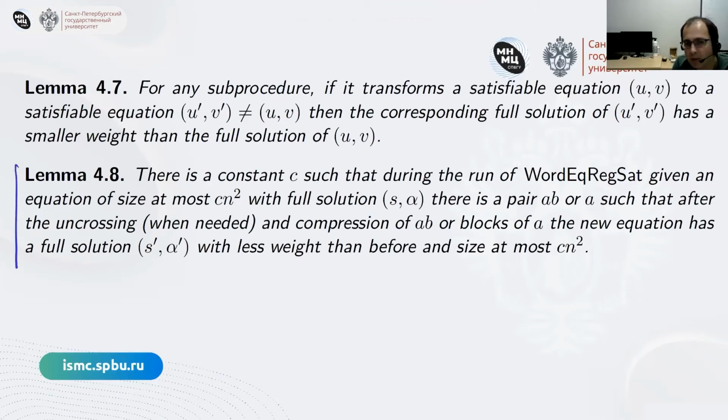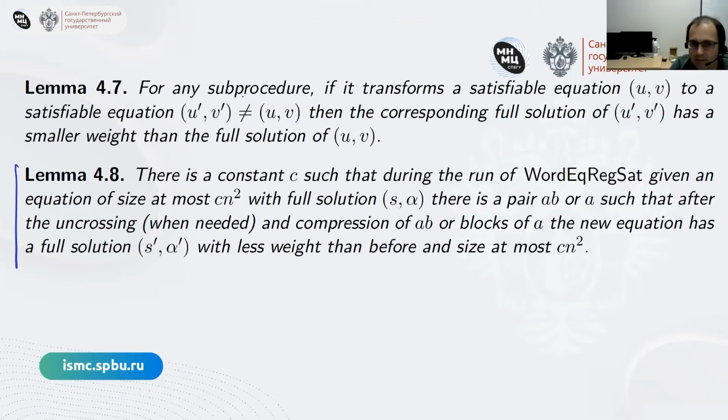So all the time during the running of the word equation, using exactly the same argument as we used previously, we can ensure that the length of the equation is at most quadratic. There's always a choice of a pair to be compressed, which is either non-crossing or crossing, and if it's crossing, only linearly many occurrences, which shows that the size of the equation could be at most quadratic.